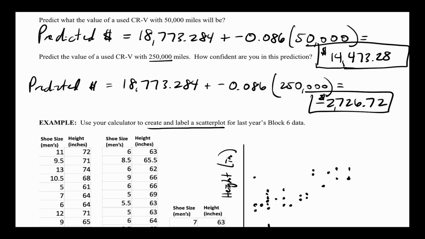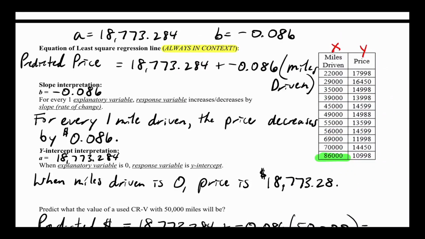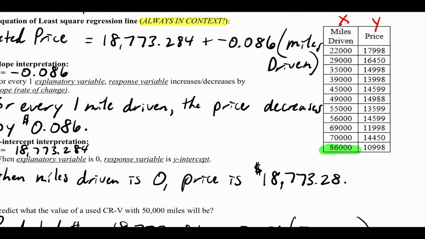So how confident are you? Not very confident at all, because that's not possible. Either it's worth something or it's worth $0. So this number can't go below 0 in real life. And the reason I'm not confident is because if you look at this value here, 250,000, and I go look at my table, there's nothing even close to 250,000.